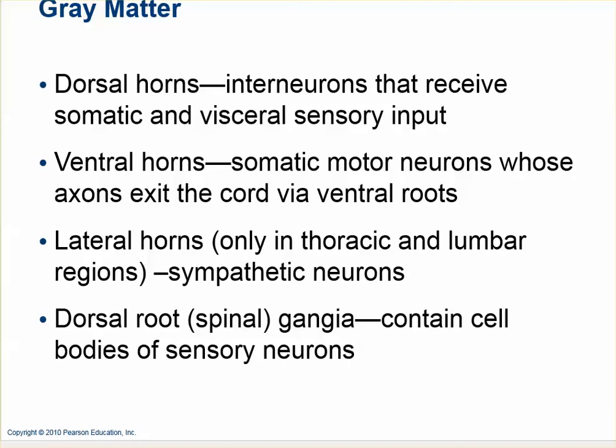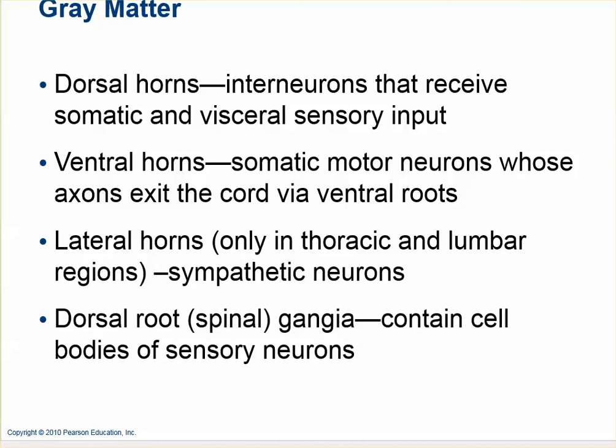The ventral horns are where we find the cell bodies of the motor neurons, the somatic motor neurons. And so it's involved with the efferent output of the spinal cord.